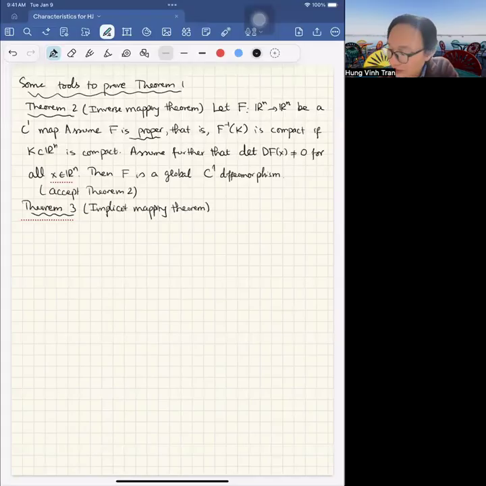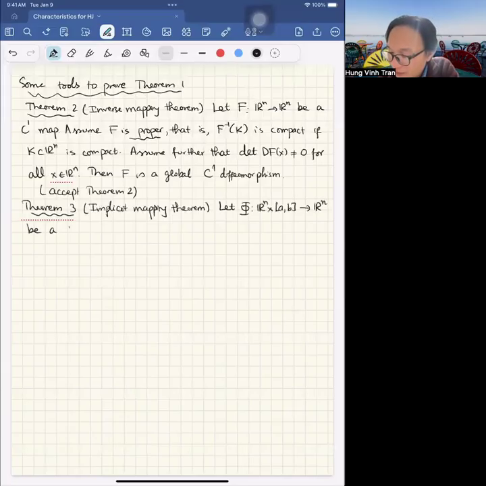this is normally stated like the following. Let a map phi, mapping from Rn cross some interval AB to Rn, be a C1 map.